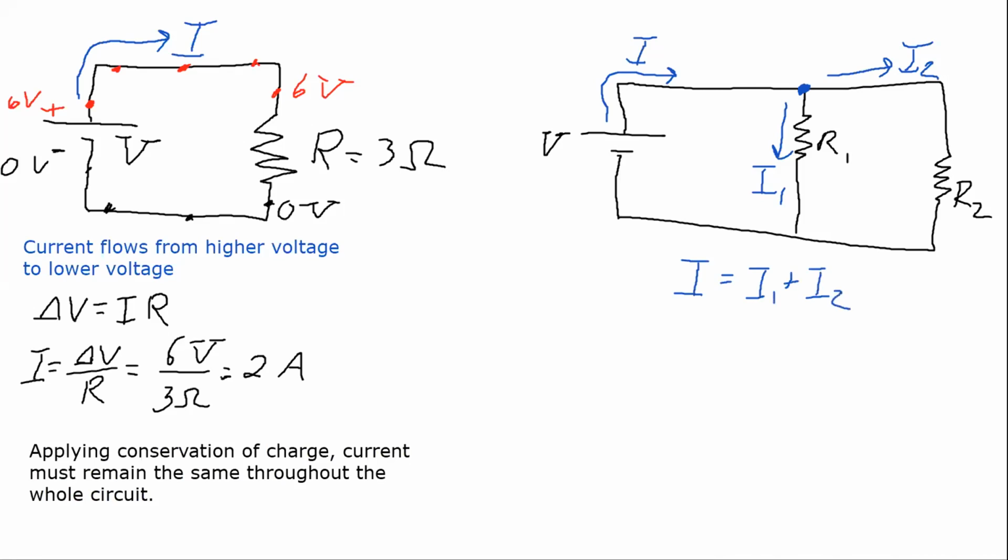The current going in is split into I2 and I1, but the total current coming out should equal the total current going in. So that is how we get this relationship: your current going in equals your current going out. That's directly from applying conservation of charge, and I could write it this way: if you add all the currents going into a junction, that should equal all the currents coming out of the junction.